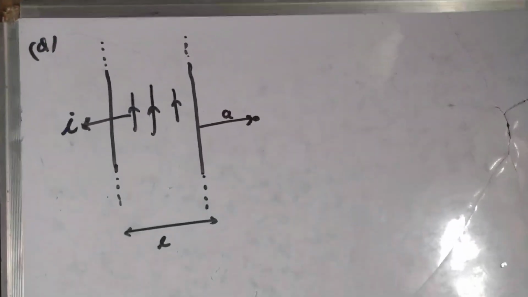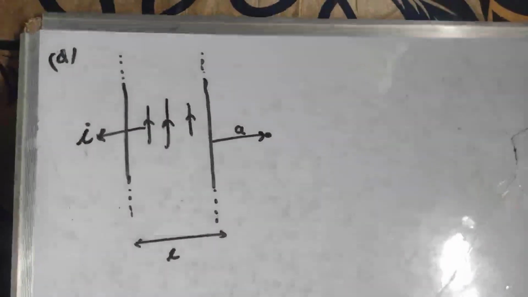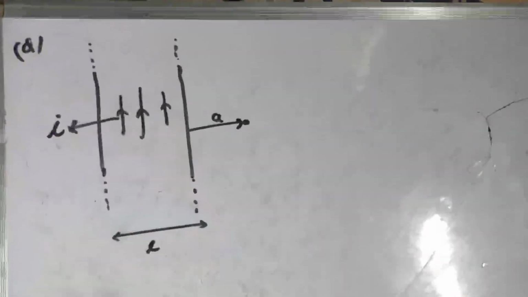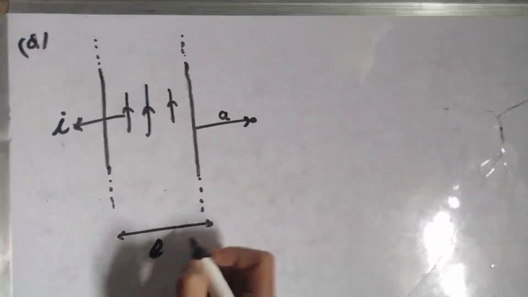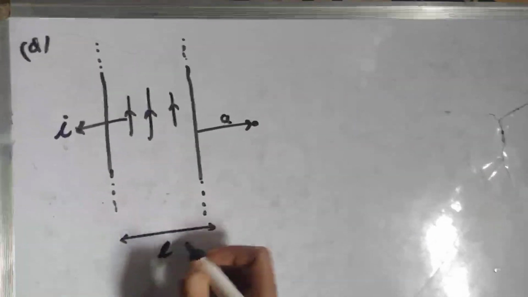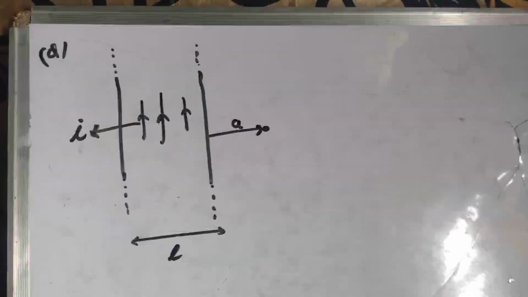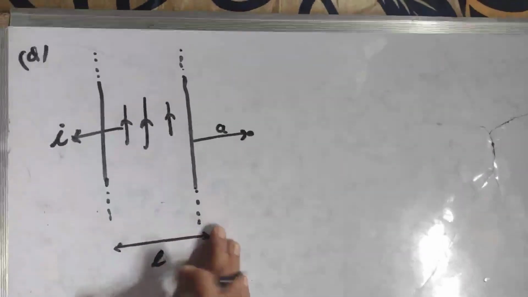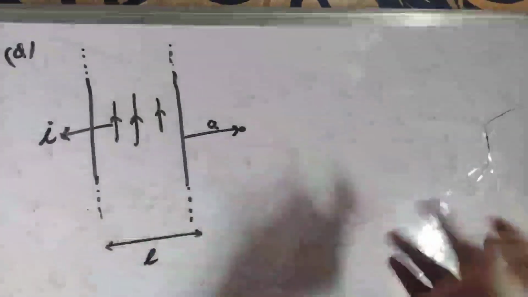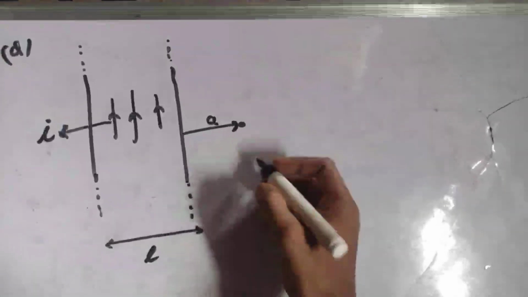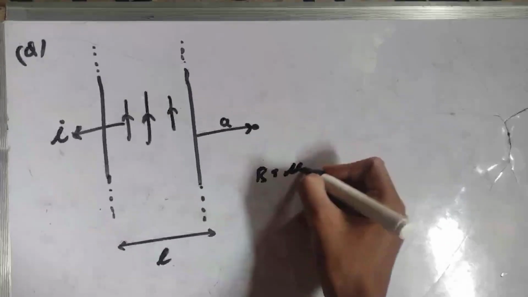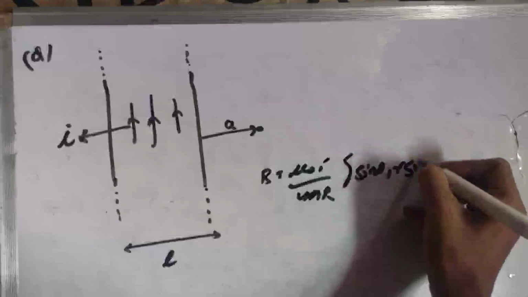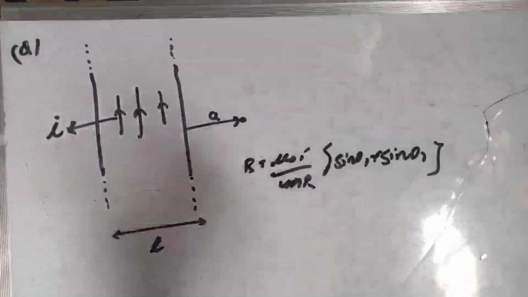So this is the third problem, and this is an infinite sheet which carries current I, of thickness L, and we have to find magnetic field strength at a distance A. Now this is actually an infinite sheet, but it actually is a wire if seen from a different perspective, and we know that in a wire magnetic field strength is mu naught I upon 4 pi r into sine theta 1 plus sine theta 2.